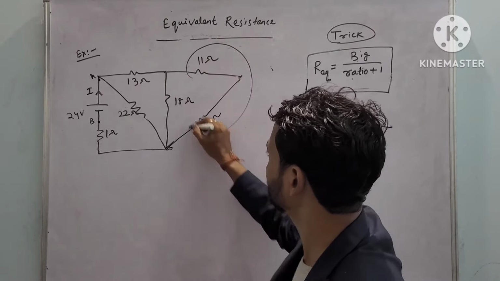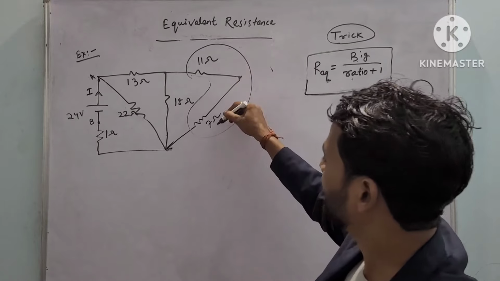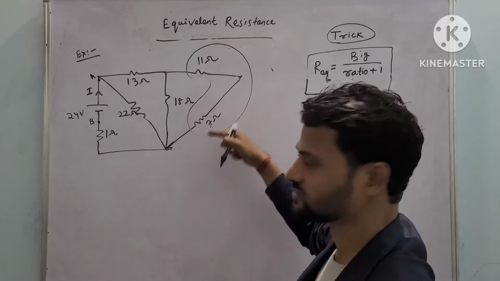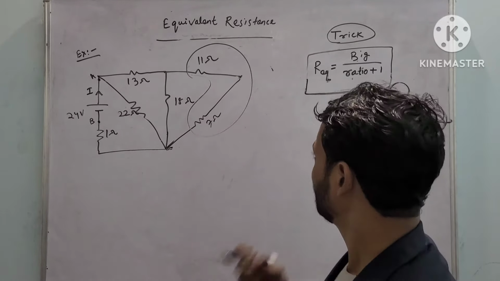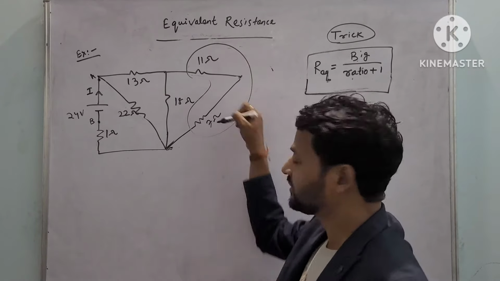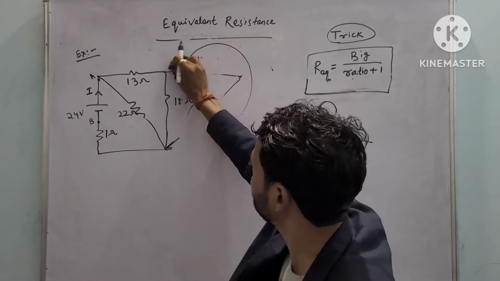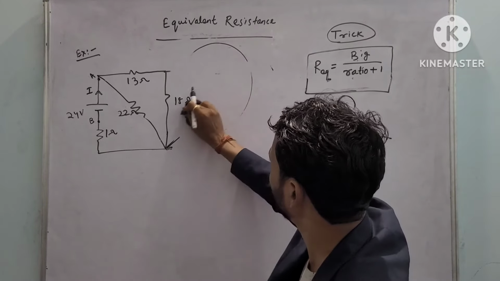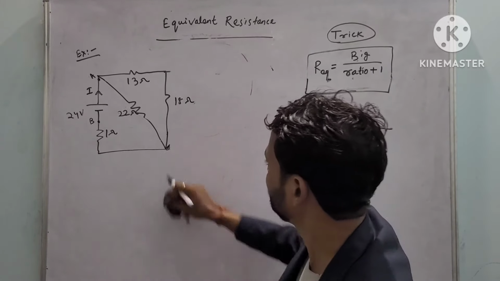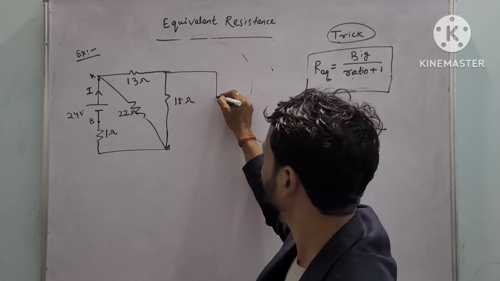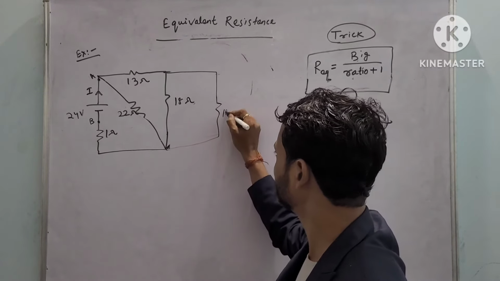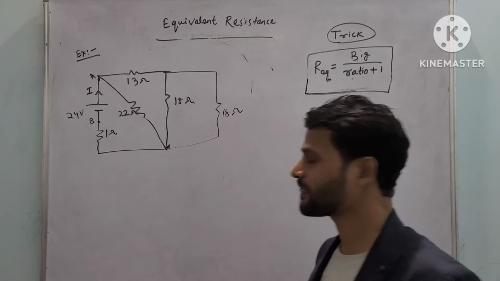So now we can clearly say the 11 and 7 both are in series because there is no junction, current is same. So your answer will be 11 plus 7, that is 18. So I can replace this entire part and keep one resistance of 18 ohm magnitude.